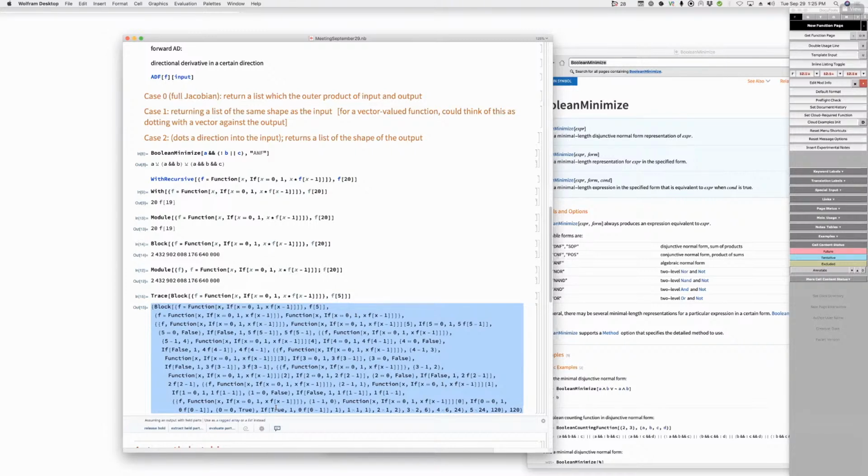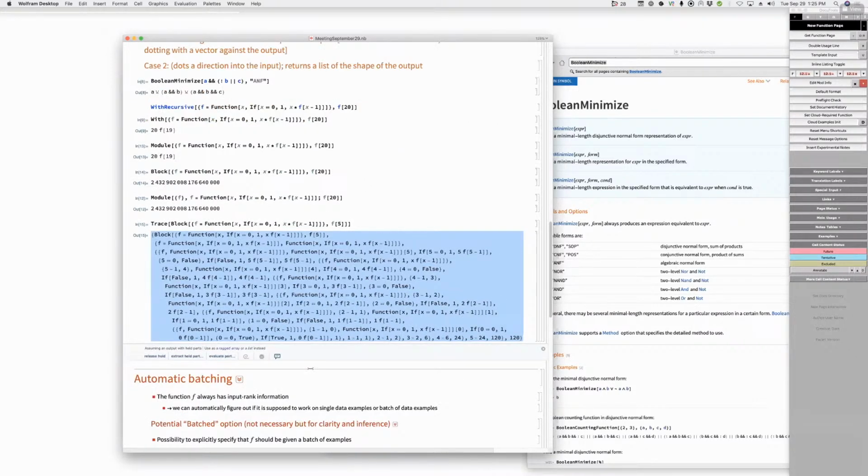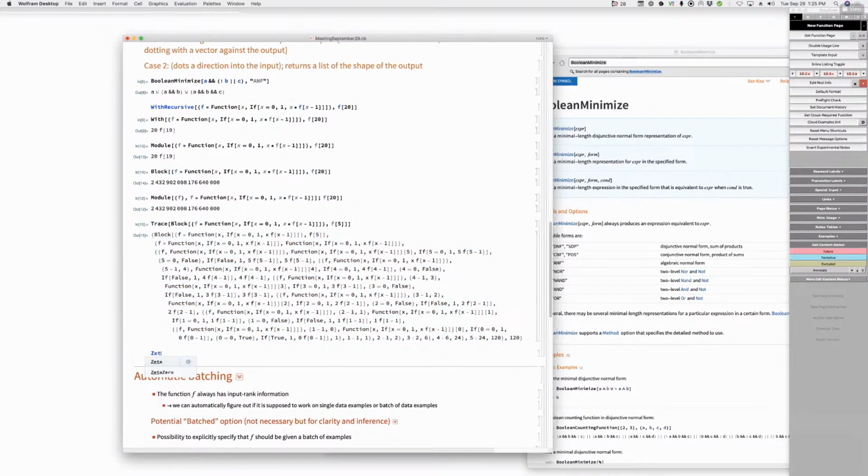Well, that may be, but I'm saying there are two different objectives here. One objective would be to take a piece of functional code and make an actual human readable derivative for it. That may not be possible, I don't know. It may be that we could have a nest prime function, just like we have a function zeta prime that's a derivative of the zeta function, which has its own code that does things, right?